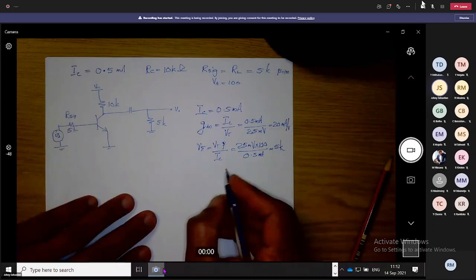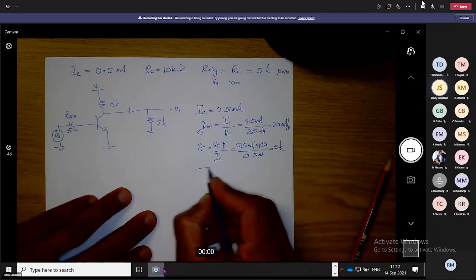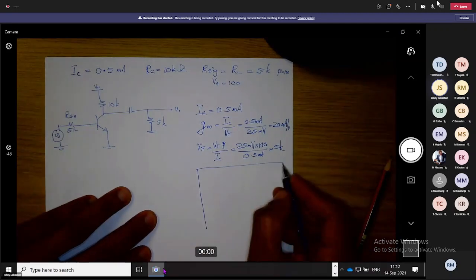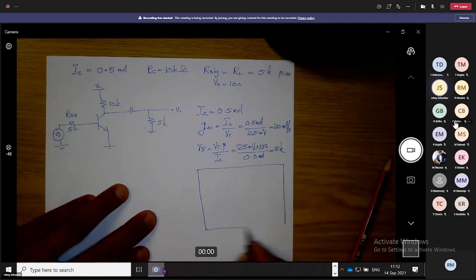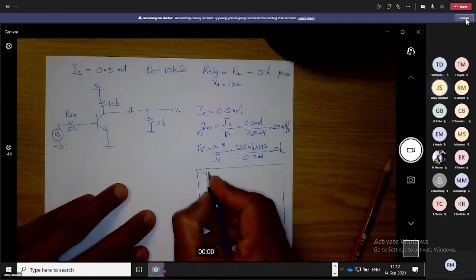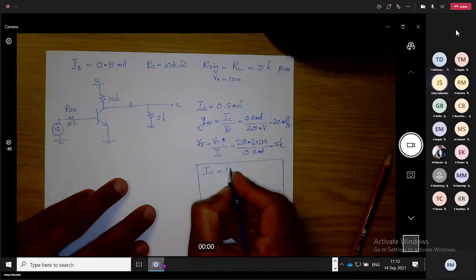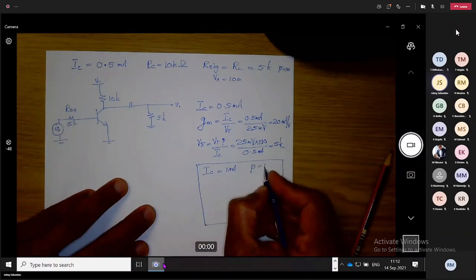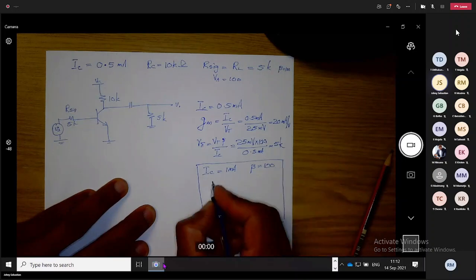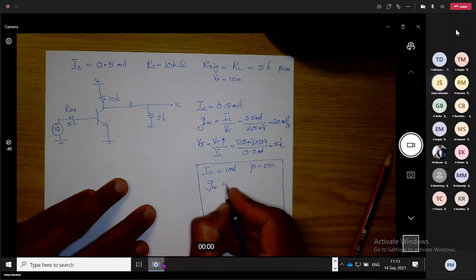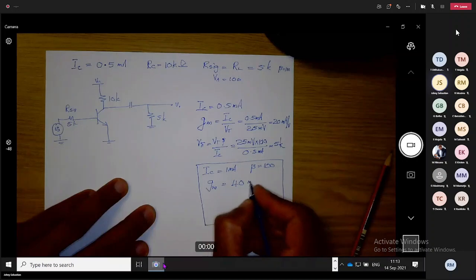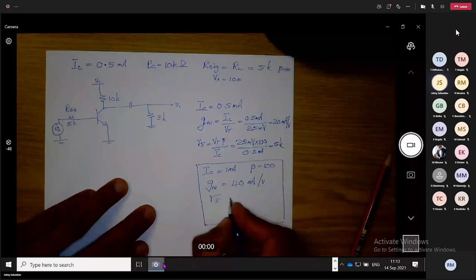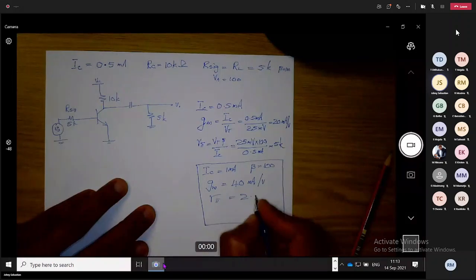Good. So we got r pi 5K. Now I can give you a clue. The clue is how I got these answers very quickly. IC equals 1 milliampere, beta equals 100, your gm will be 40 milliampere per volt and your r pi will be 2.5K.